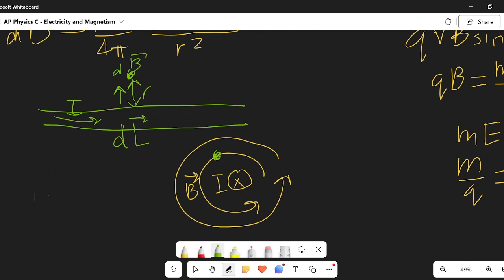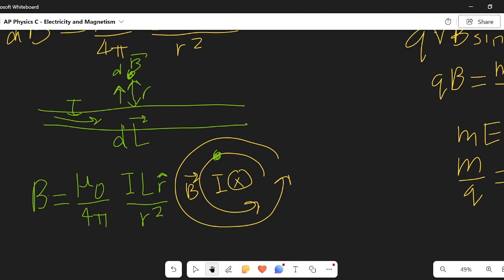So it's going to be B equals mu naught divided by 4 pi, and then we integrate the top, I dL cross r vector, all over r squared. Sorry, dL times r.